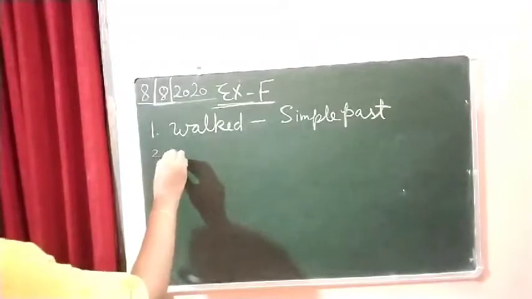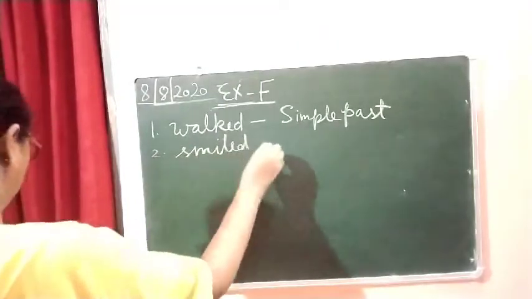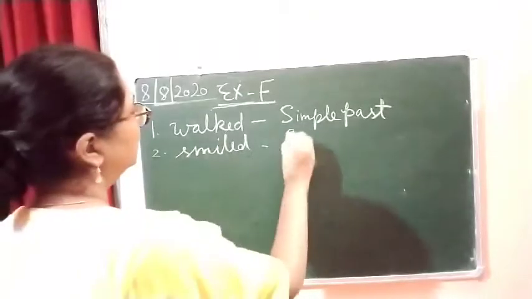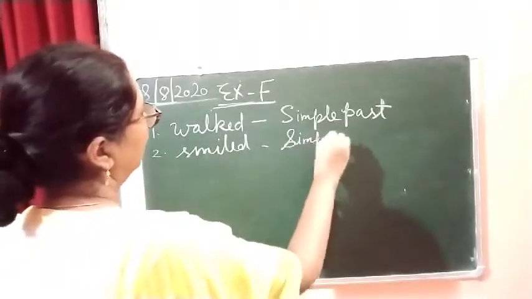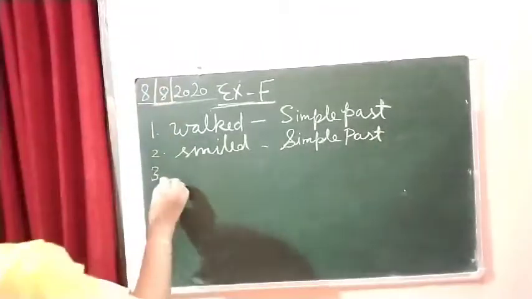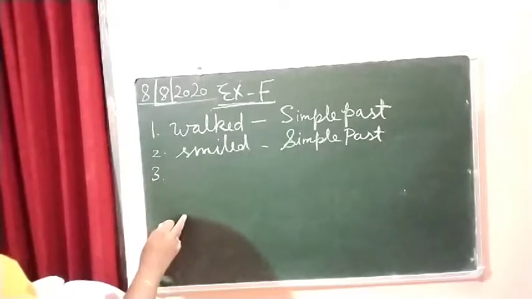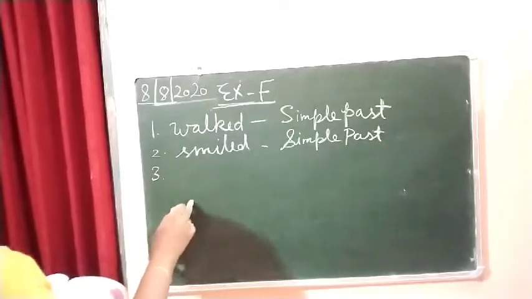In second, it is written smiled. This is also simple past. In third, if you are watching this page, this is number 3, were hurrying.